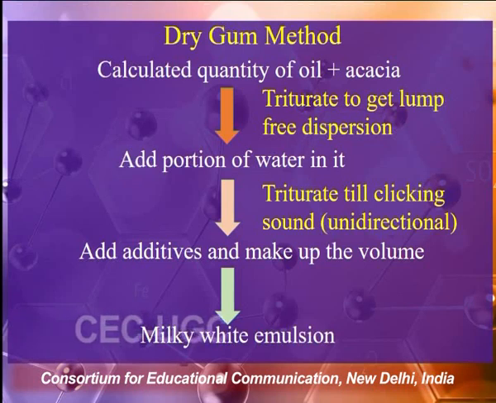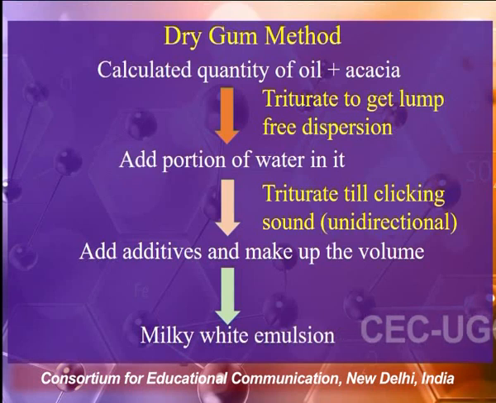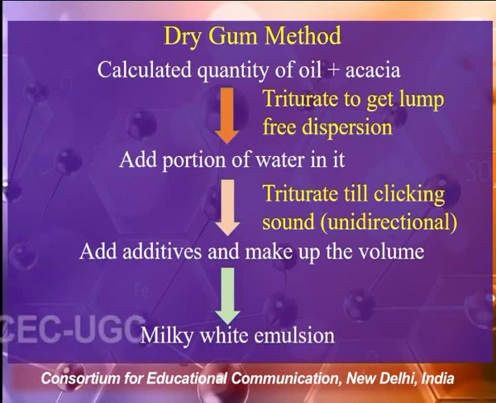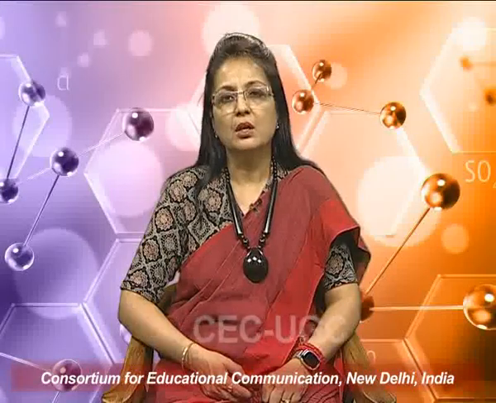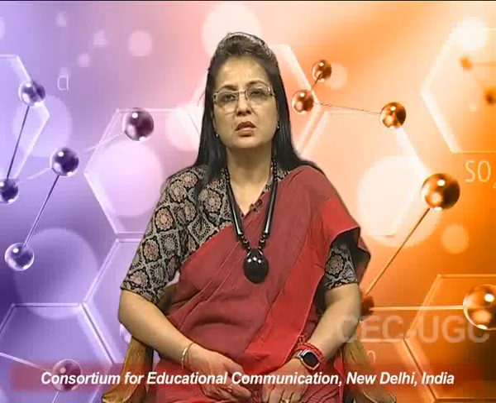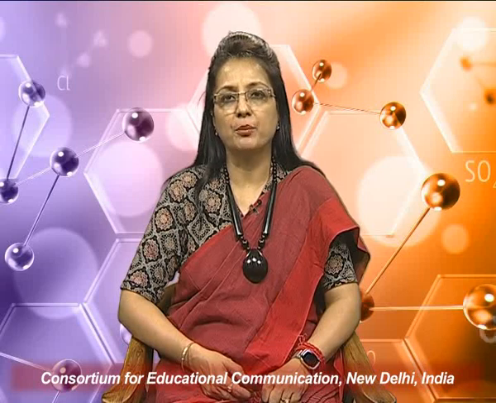At this stage, the trituration should be stopped and in another beaker, other additives of the formulation along with the remaining volume of the vehicle, that is water, if it is an oil in water emulsion, have to be dissolved. The ingredients have to be mixed drop by drop into the mortar with trituration in the same direction which was adopted while preparing the primary emulsion.